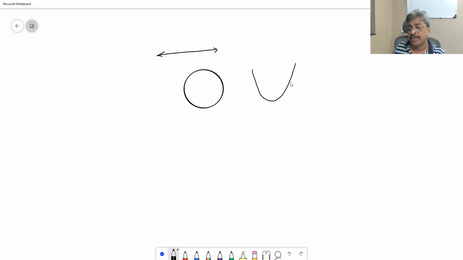Oh, actually we have dealt with equation of parabola. So here we have drawn the graphs of the relationship of y and x. So we know how this looks like.